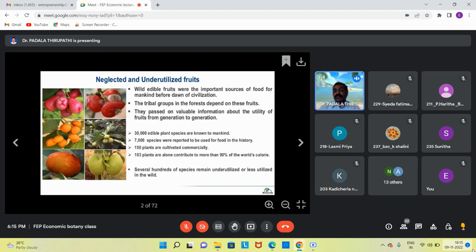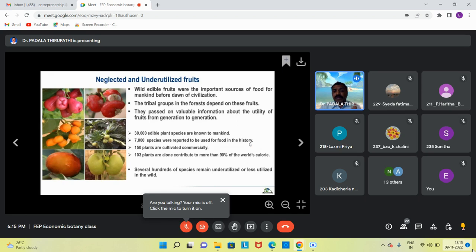The tribes, the majority of the ethnic groups in the forest, depend on these fruits. Till today we do not consume this type of fruit, but the tribal people depend upon these fruits. They passed on valuable information about the utility of the fruits from generation to generation, my dear friends. Still now we are unaware of it.